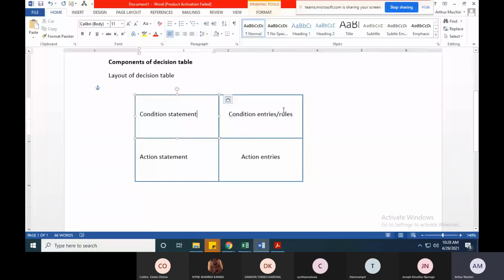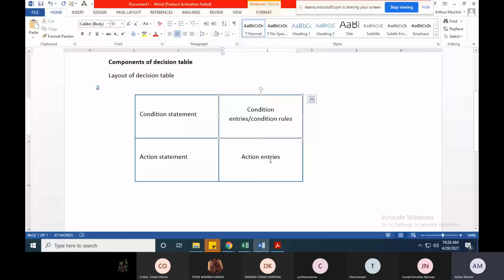Condition entries are also called condition rules, so when I talk about condition rules, you don't get confused. Then we also have the action statement, what will be happening, and the action entries.